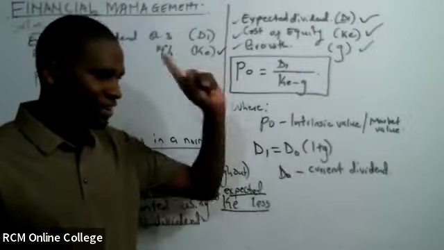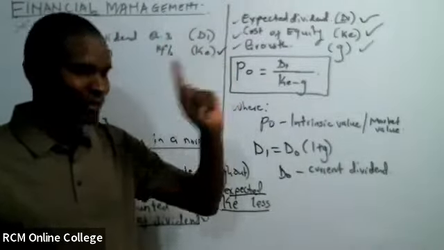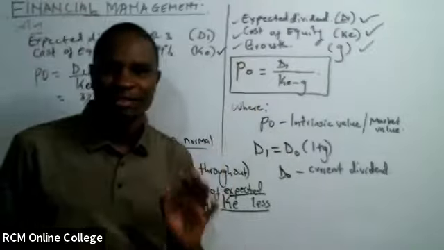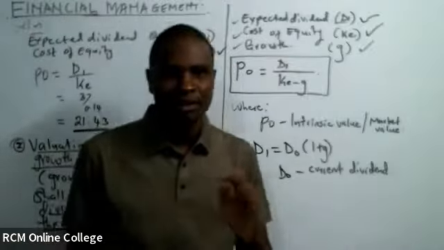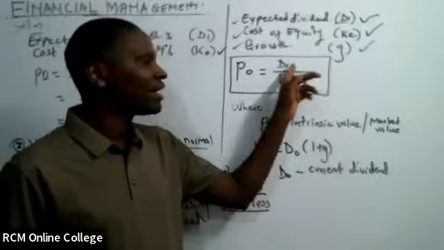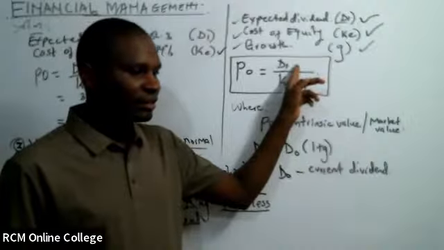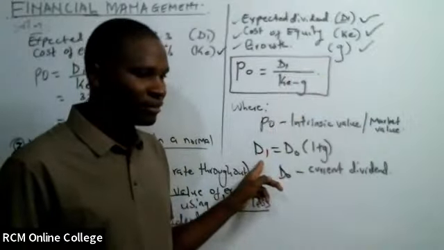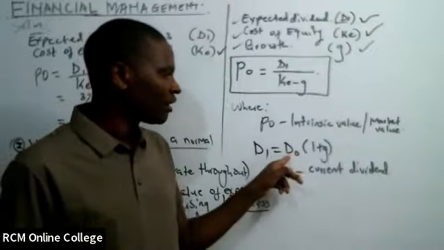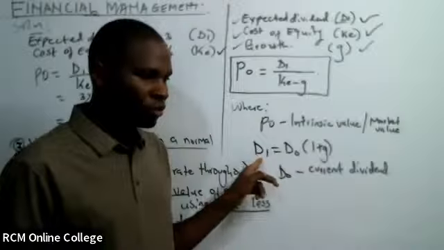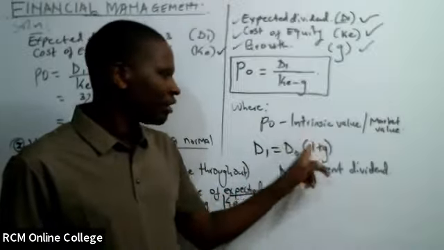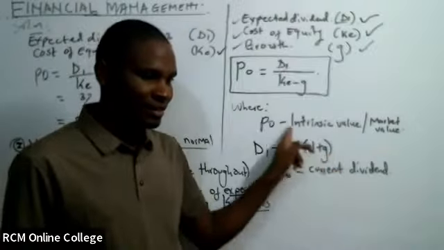So at any given point, if the examiner gives you the current dividend, please don't use it directly here as the expected dividend. You need to convert this current dividend to expected dividend by multiplying by 1 plus G.